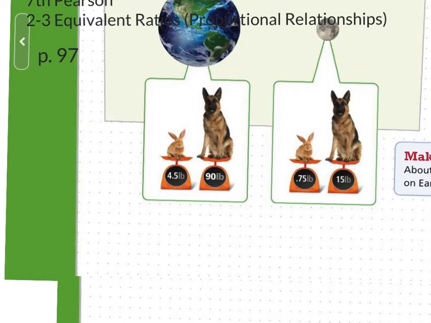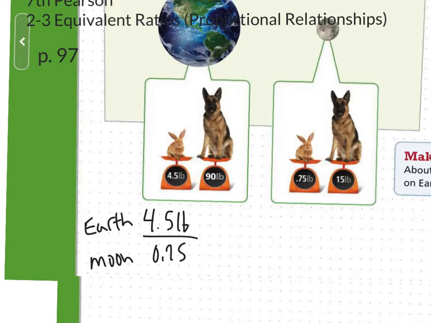So one thing we could do, we could compare the weight on the Earth to the weight on the moon. Since the weight on Earth is more, I'm going to put that on the top. So it's 4.5 pounds for 0.75 pounds on the moon.